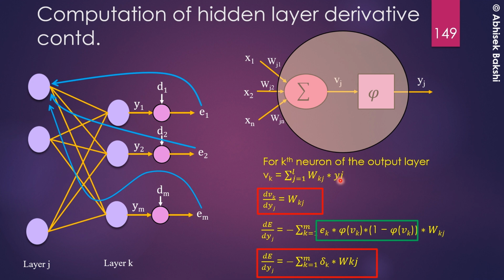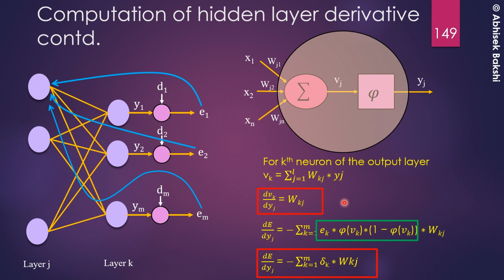In that case, wkj is a constant and comes out of the derivative, and dyj/dyj means 1. So dvk/dyj equals wkj, right?